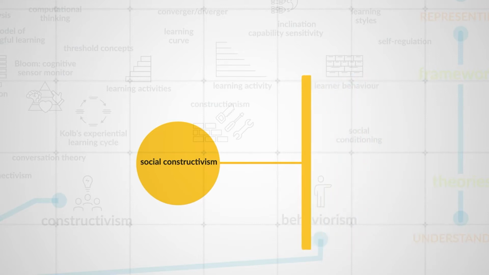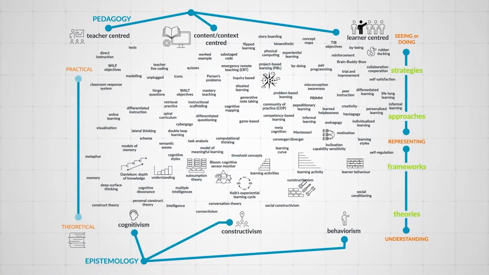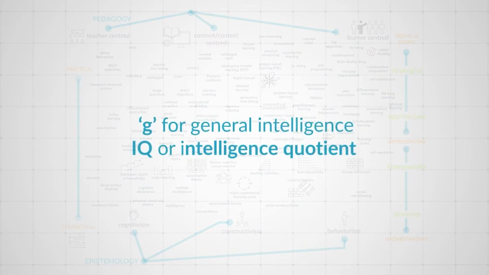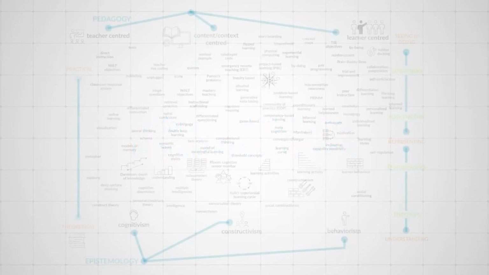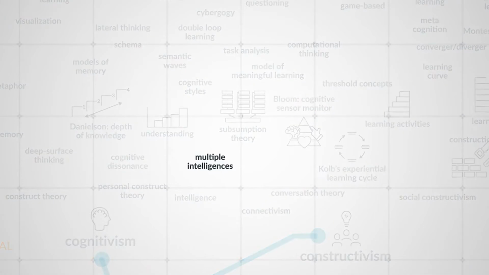A traditional view of intelligence is the idea that a human is born with an intelligence, sometimes known as G for general intelligence. This is often recorded as IQ, or intelligence quotient. Howard Gardner's theory of multiple intelligences proposes that people are not born with all of the intelligence they will ever have.